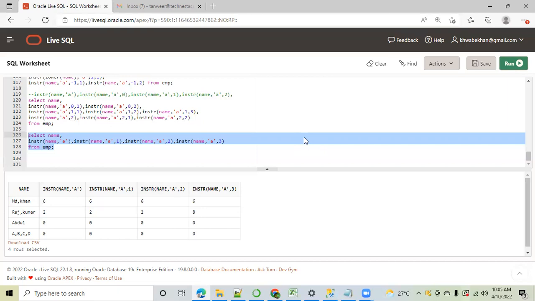The class is confusing today. Yeah, that's why instr is very confusing. Okay, do one thing. Till here, this is clear. Any question till here? Is this clear till here?